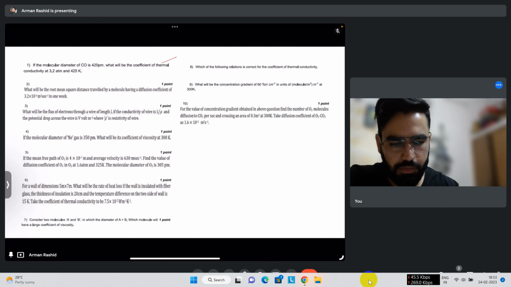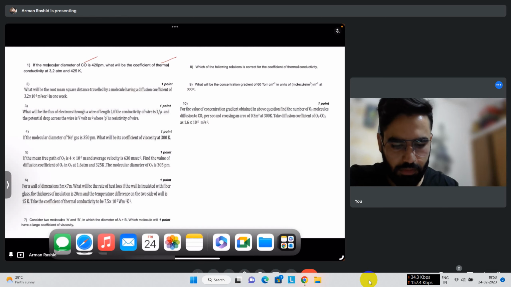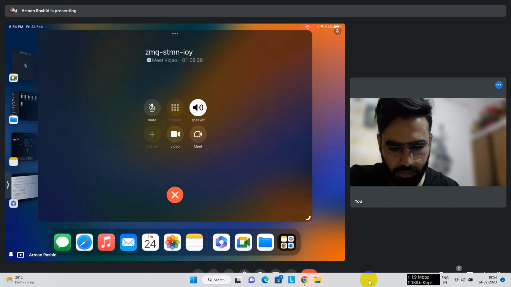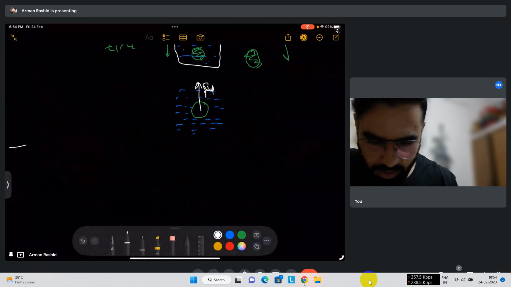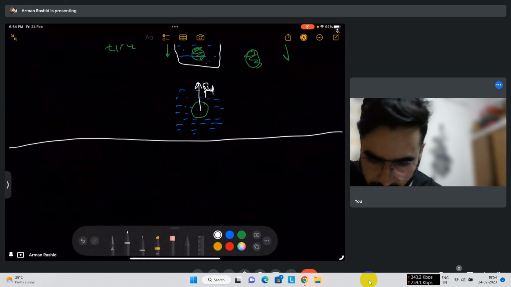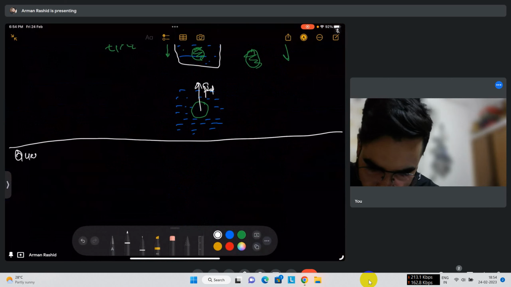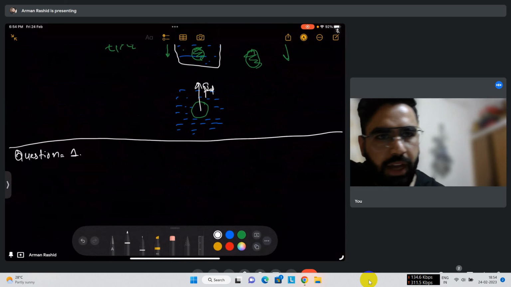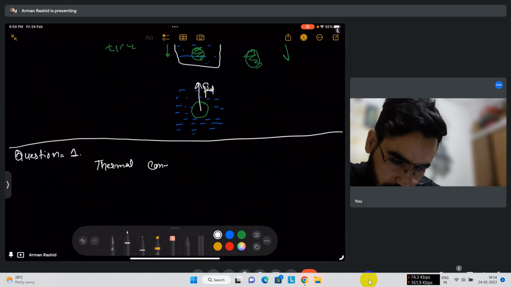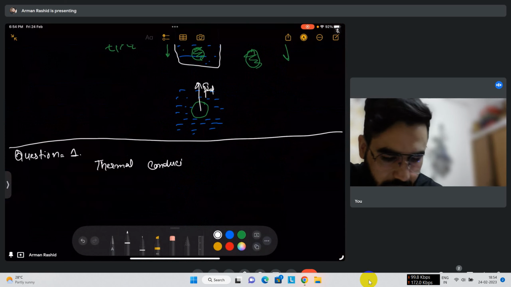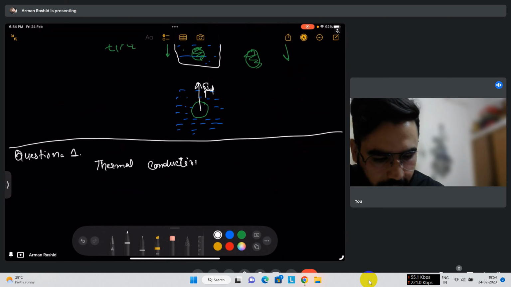Now we have question one. We have to determine the thermal conductivity.